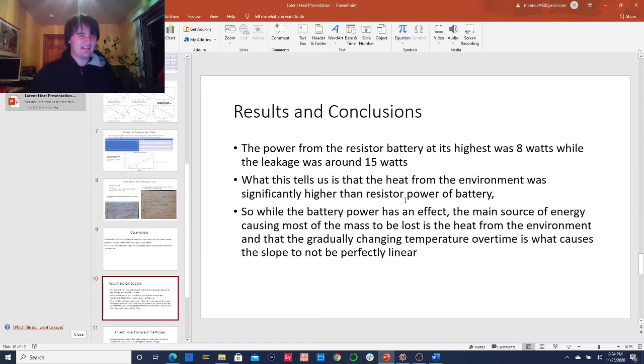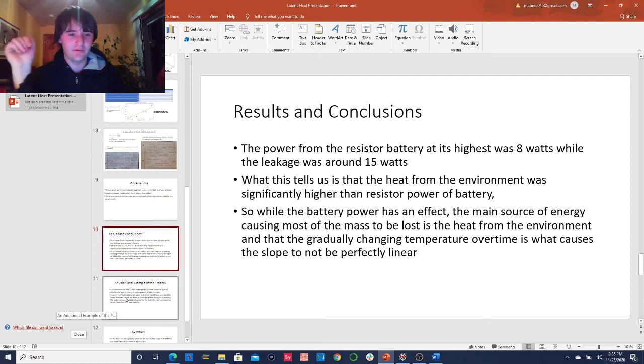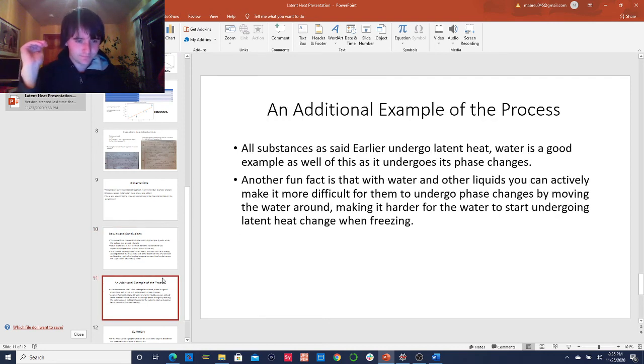There's no longer as much heat taking energy away from the liquid nitrogen, so it's lower. Or the room could be higher in temperature, and it is taking more. So it'll vary depending upon the time of day, or in this case, whatever the room temperature is. And that's why it's not perfectly linear.